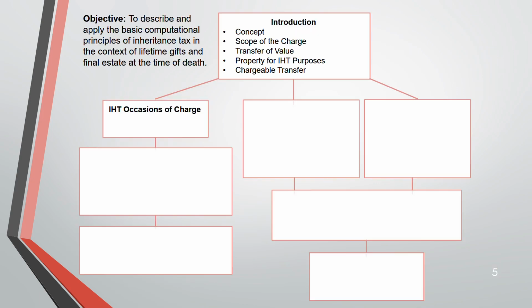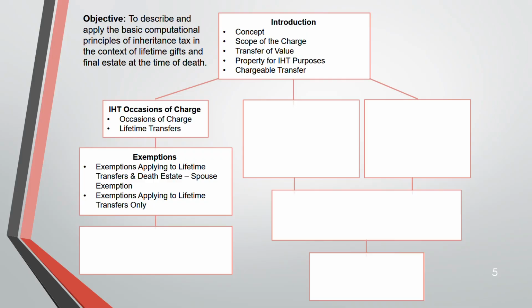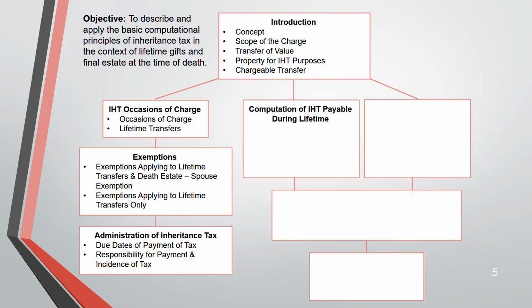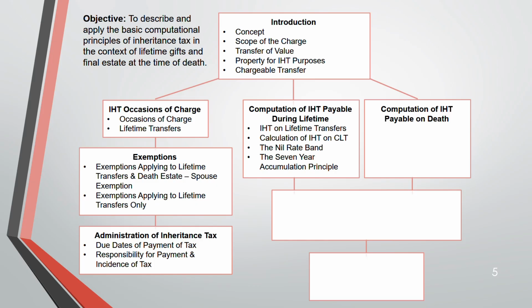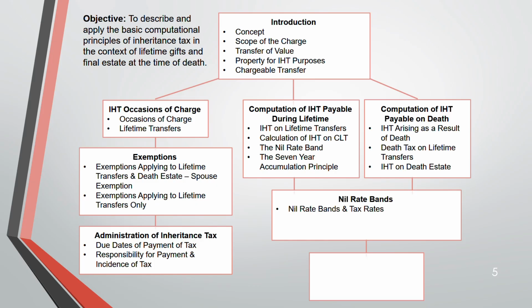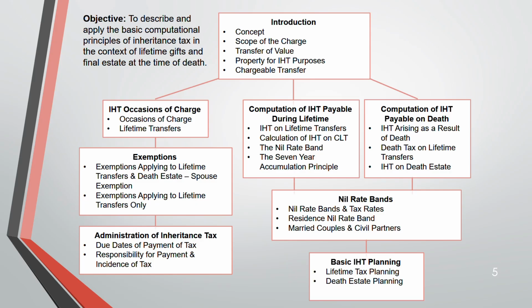So here, occasion of charge, exemptions and the administration. Then we have charging IHT during lifetime and death. And then under both we have nil rate band, residence nil rate band and married couples. And then the IHT planning for lifetime and death estate.